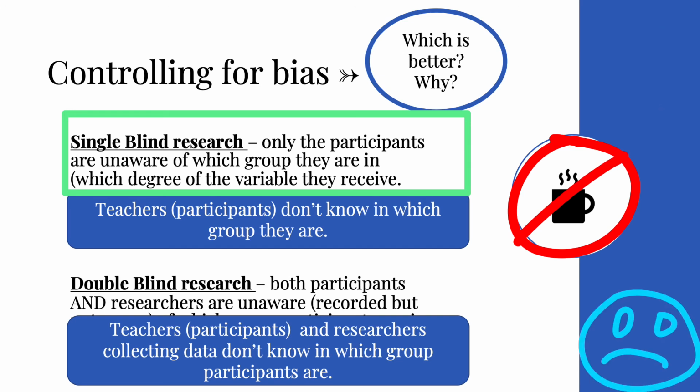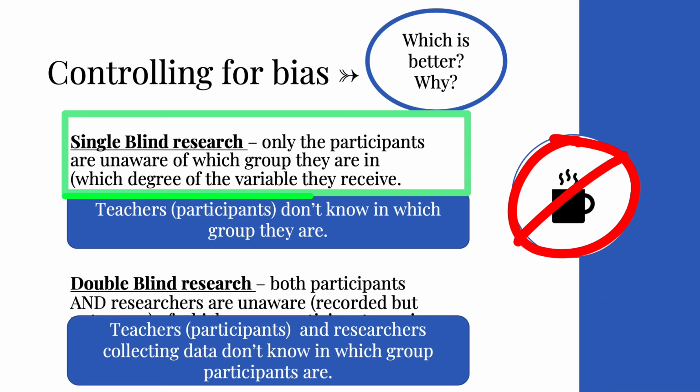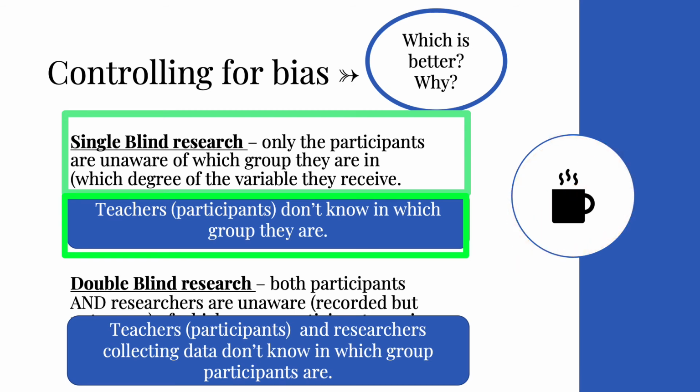That grouping is randomly assigned and then randomly assigned again. And since they don't know which group they're in, we call it single blind research. Blind meaning unaware of which group they're in, right? They are not aware if they're in group A, B, or C, but the researcher does know.